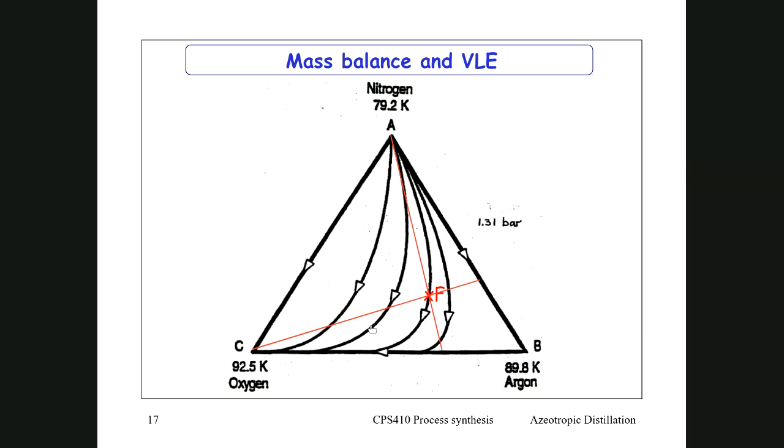And only when we go on the other side of this line, somewhere over here, let's call it that point, we can go through the feed and we can touch that same residue curve up here somewhere. This is the residue curve that we've crossed. We can start there and we can end up there.